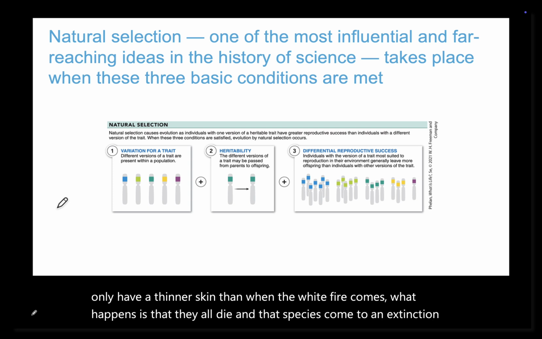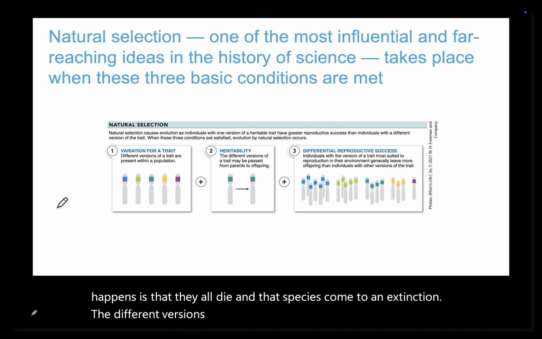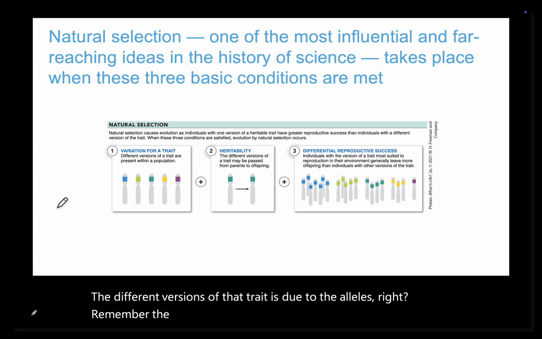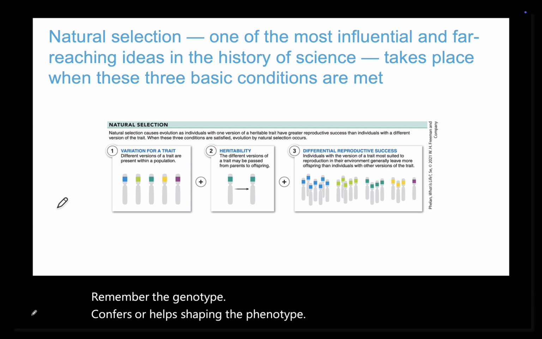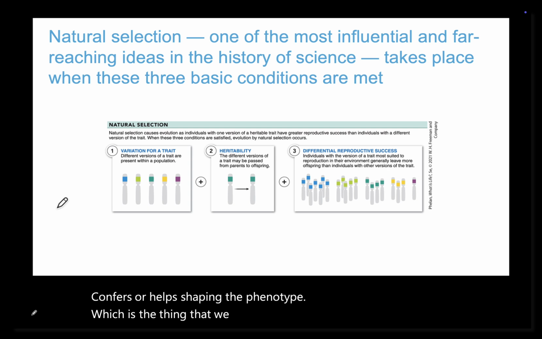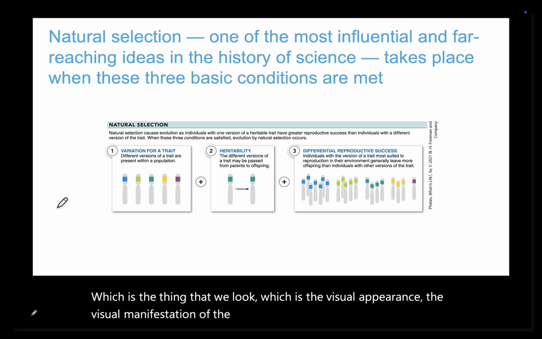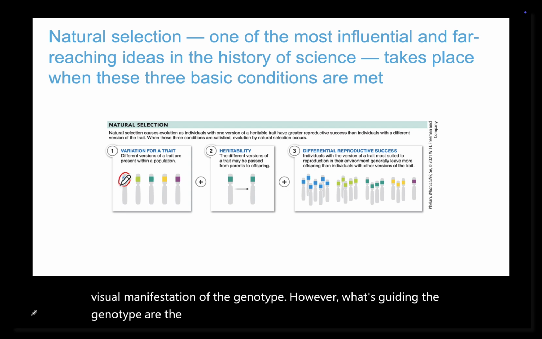The different versions of that trait are due to the alleles, right? Remember, the genotype helps shape the phenotype, which is the thing that we look at, the visual appearance, the visual manifestation of the genotype. However, what's guiding the genotype are the alleles present in the chromosome.